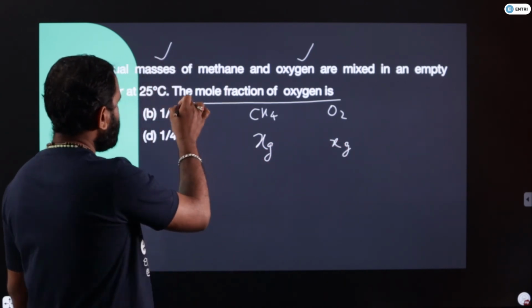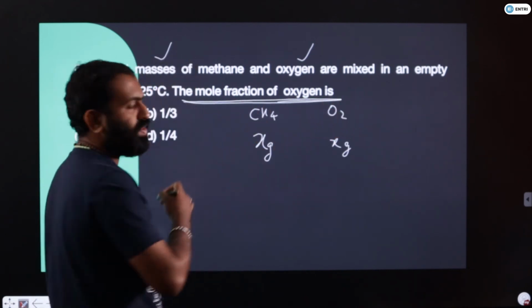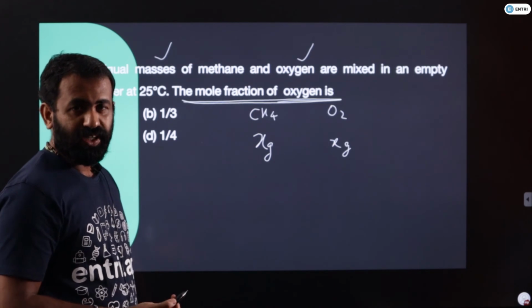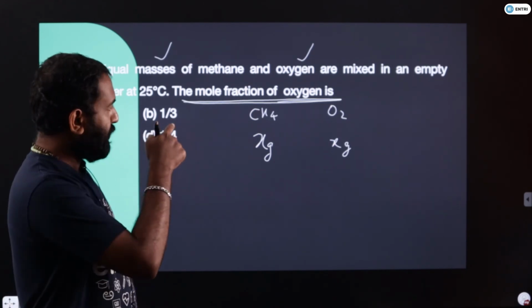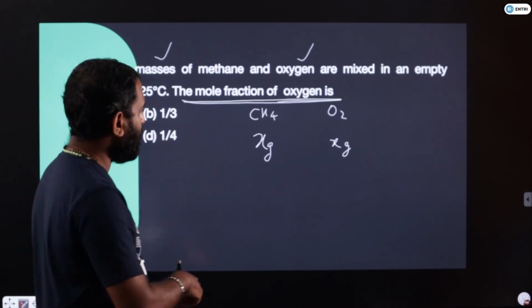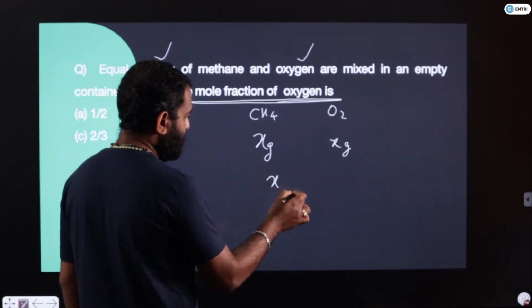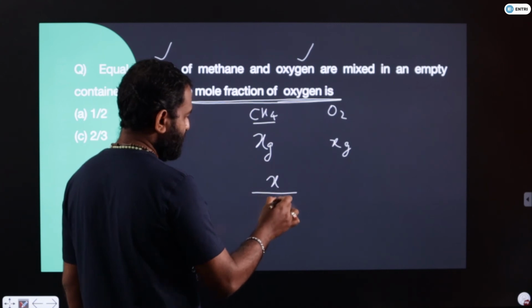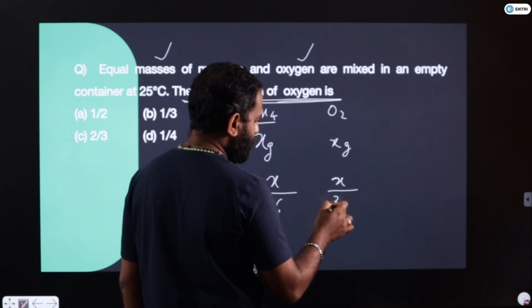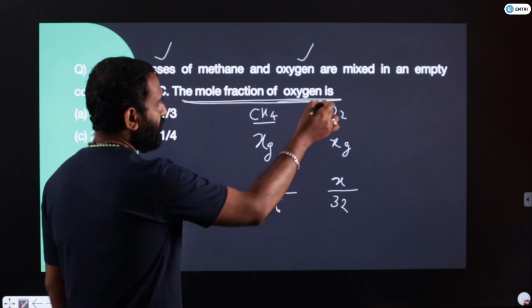Then the question is the mole fraction of oxygen. So first we have to calculate the number of moles of methane and of oxygen. Methane: x divided by 12 plus 4, that is 16. Oxygen: x divided by 32.